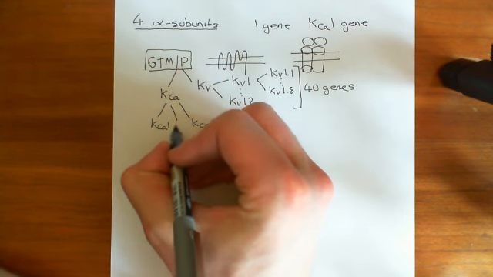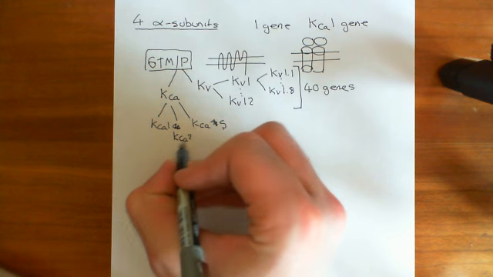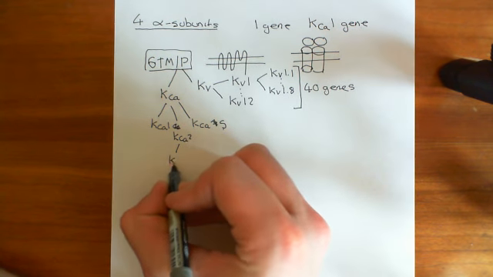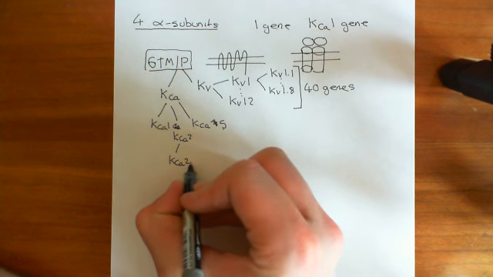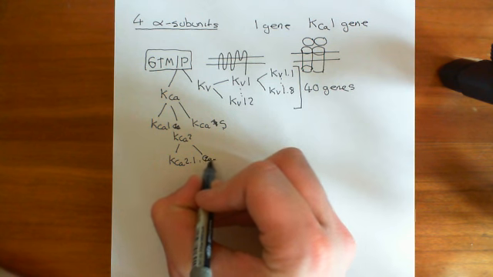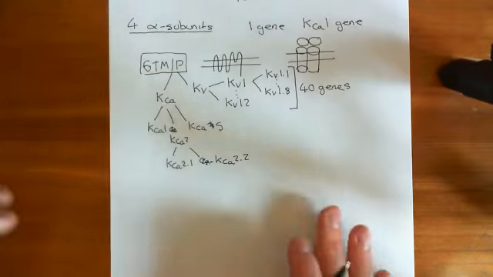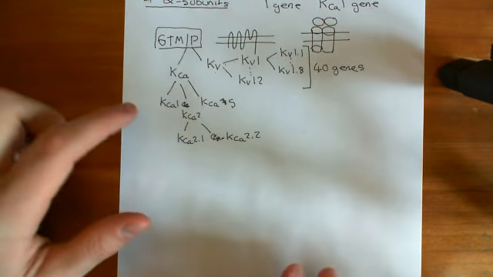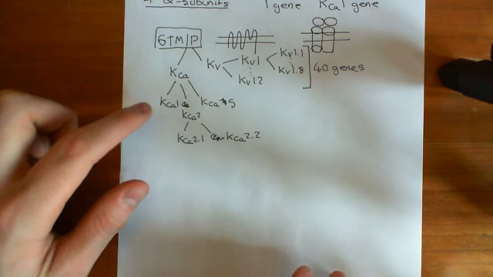For instance, for KCA2, there are 3 different genes which are all classified as KCA2s. So there's KCA2.1, KCA2.2, etc. But there is only one gene which codes for a KCA1 potassium channel.